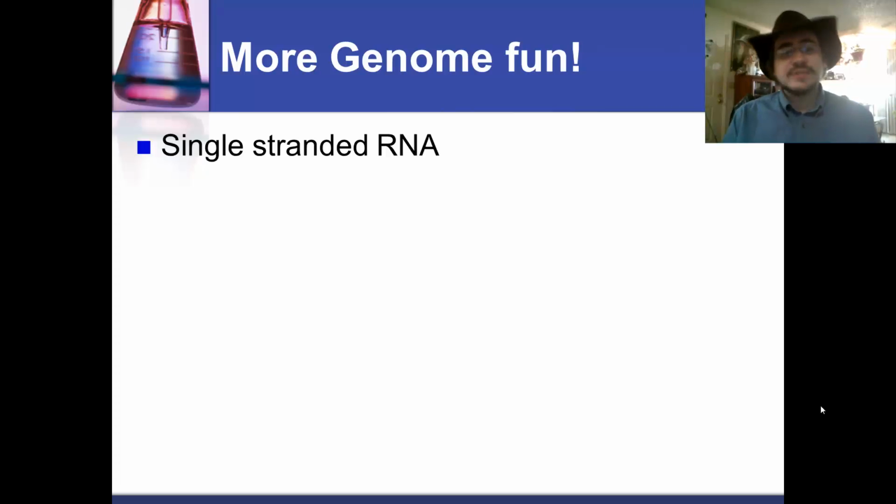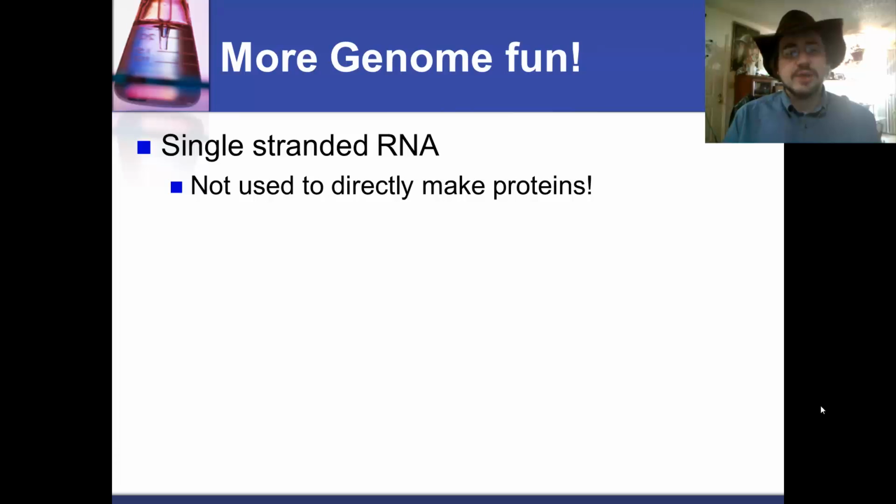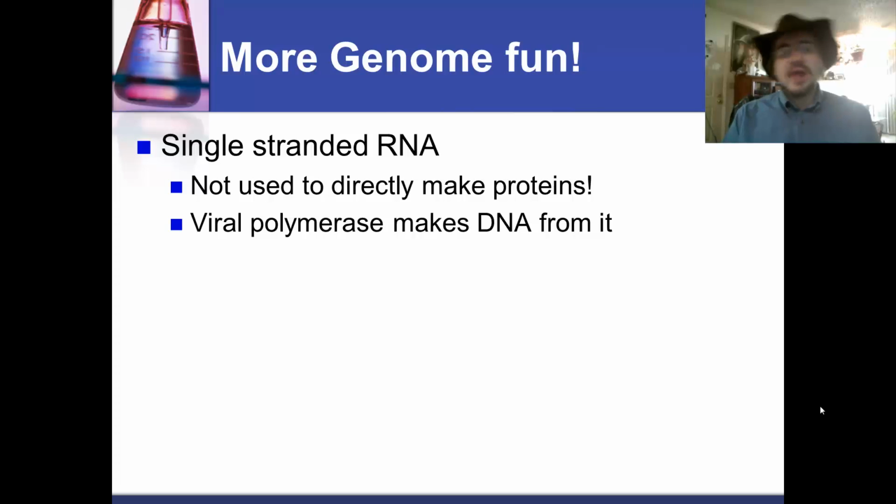It can also have single-stranded RNA genomes. And that's not used to directly make proteins, because if you just come in with that alone, you only have one strand of RNA. That would be incredibly inefficient. So in order to take that single strand of RNA and make lots and lots of copies, you could have a viral polymerase make DNA from it, and then you may use the DNA to make copies of that single strand.